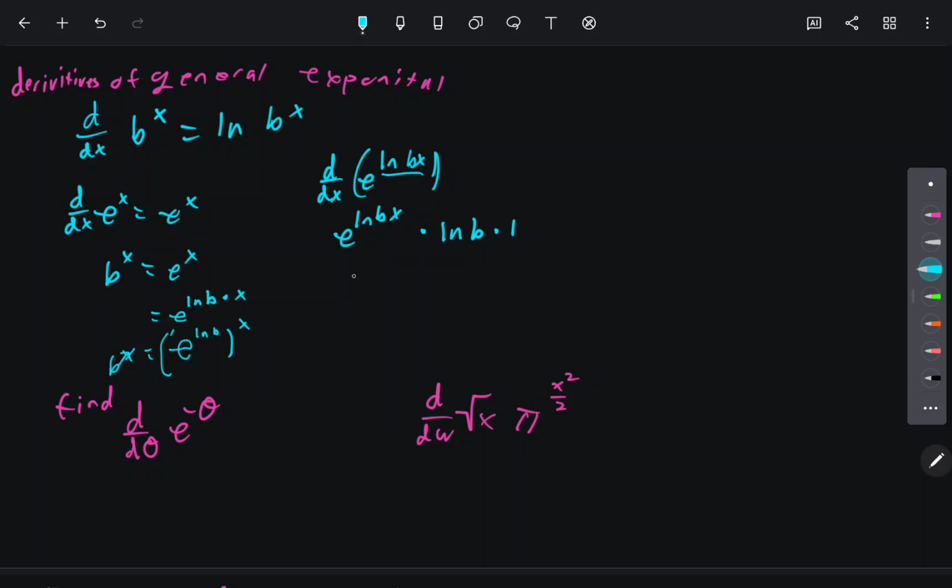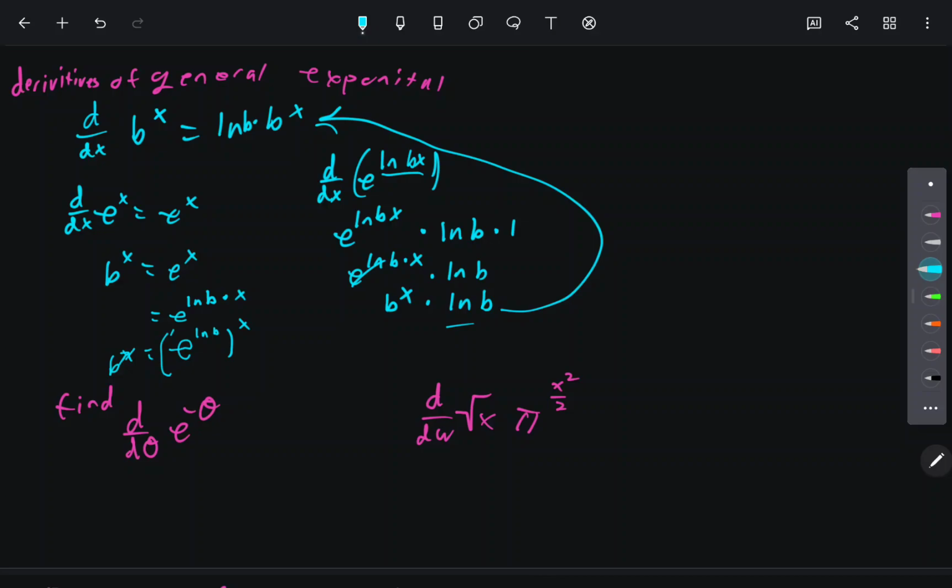So we are finally left with e to the ln of b times x times ln of b. This e and the ln cancel, so we are left with b to the power of x times ln of b, showing that this above statement is true. Ln of b times b to the x. There we go. Apparently I just forgot to write another b up there.